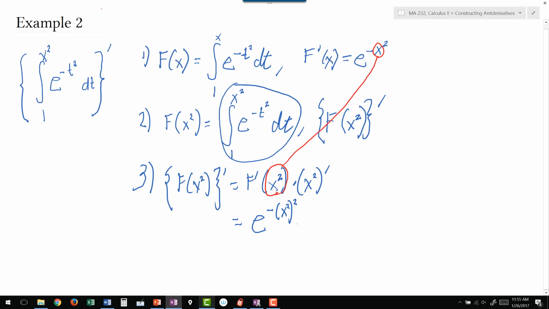To finish this up, we have to multiply by the derivative of x squared, which we know to be 2x by the power rule. And so a final version would look something like e to the minus x to the fourth times 2x, or maybe just 2x e to the minus x to the fourth.